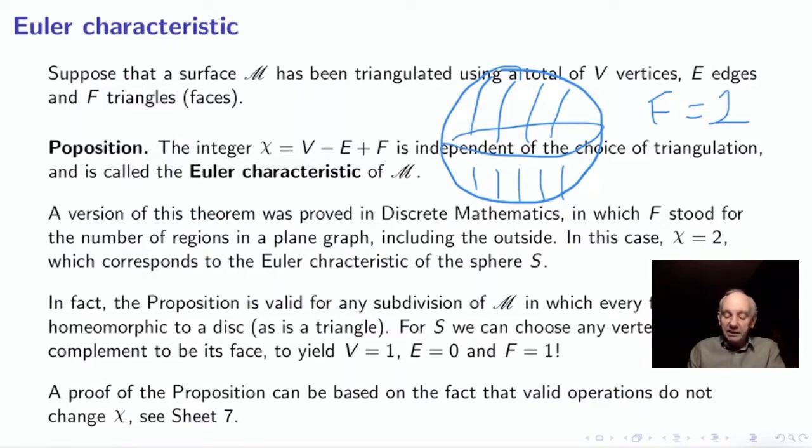So we can't take a circle as an edge. So we have to break that up with at least one vertex. Or if you like, to be safe, we can take two vertices. Then each half of the equator is just like an interval. So we have two edges in this case, so E is equal to 2. And the number of vertices is also equal to 2. So again, it's correct: we have 2 minus 2 plus 2. And we always get that the Euler characteristic of the sphere is equal to 2.